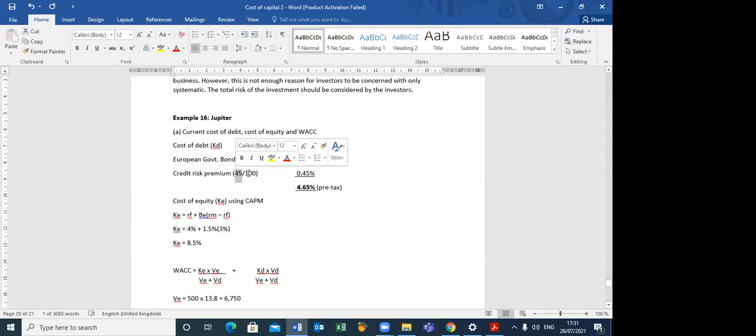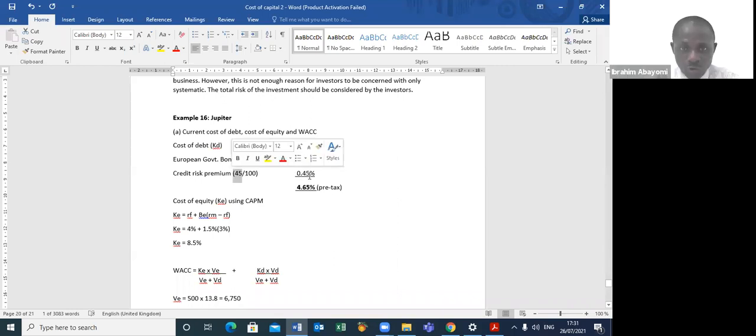And how do you get the credit premium? You simply divide the basis points by 100. So the addition of the yield to maturity on the government bond and the credit spread, which is the credit premium, is your pre-tax cost of debt.